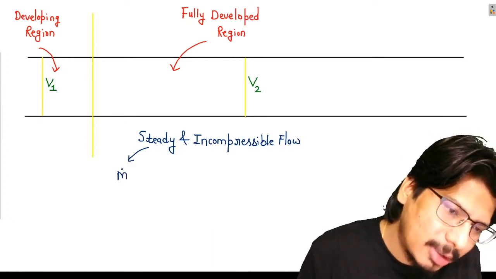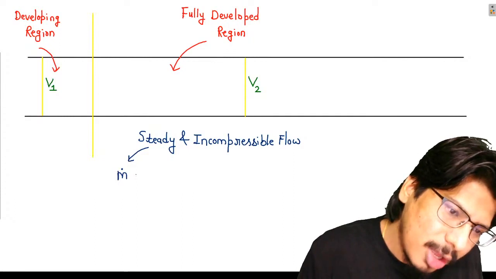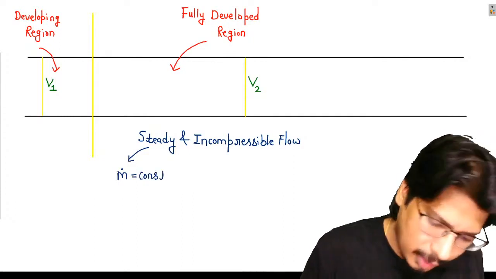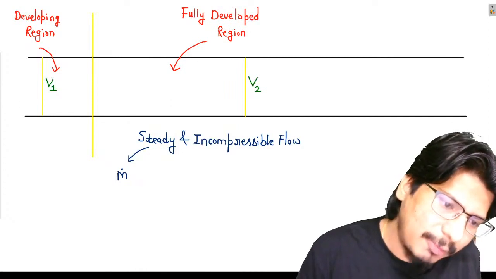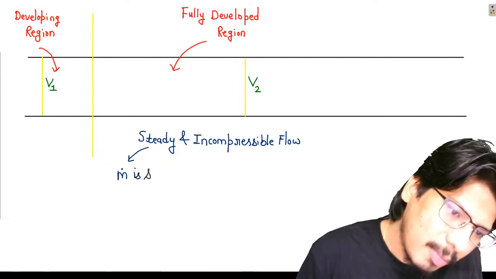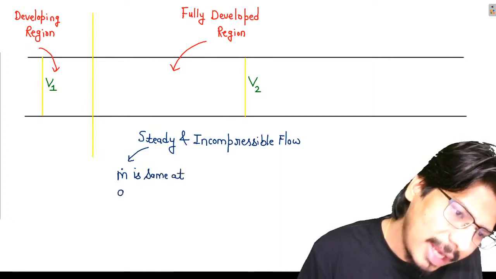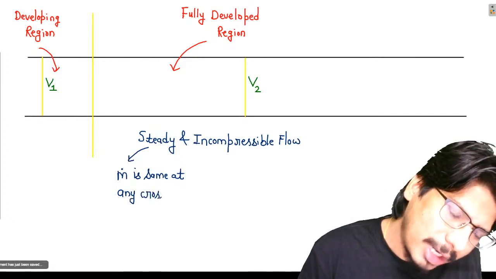Mass flow rate will be constant for steady flow. At any cross section of the pipe, mass flow rate is the same.